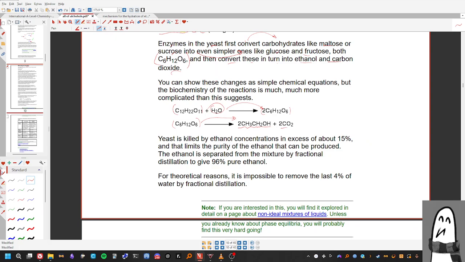You can show these changes as simple chemical equations, but the biochemistry of these reactions is much more complicated than this suggests. Yeast is killed by ethanol concentrations in excess of about 15%, and that limits the purity of the ethanol that can be produced.